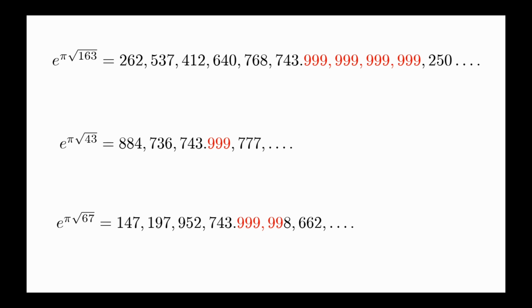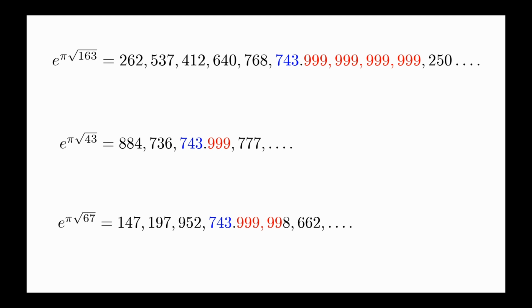But there's another weird thing. If you look just before the decimal point, there is this suspicious common string of 743. And by now we strongly suspect that something deep must be going on. And it is actually the case.